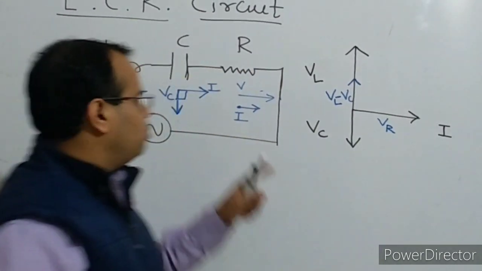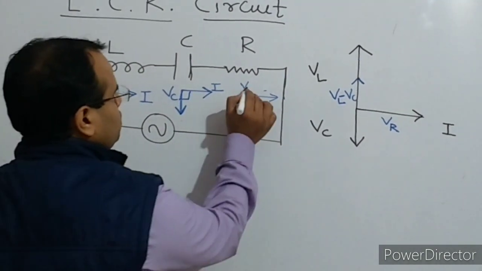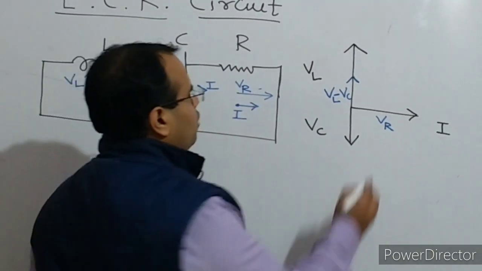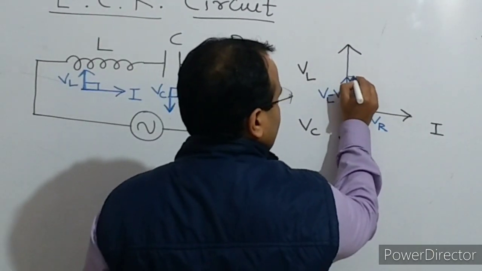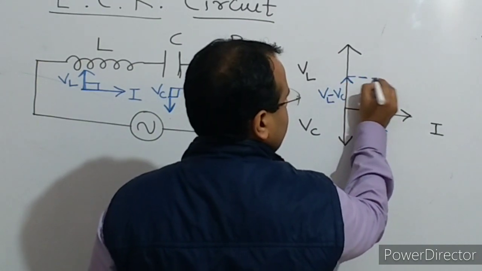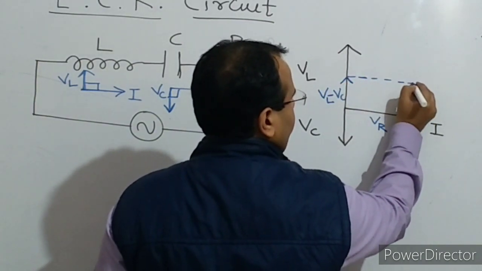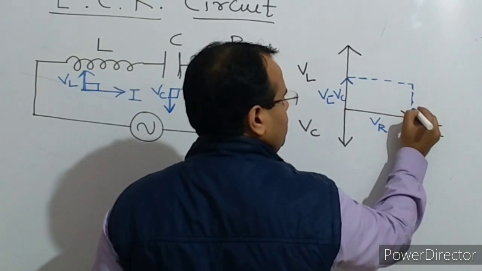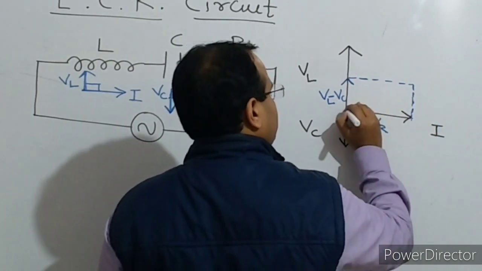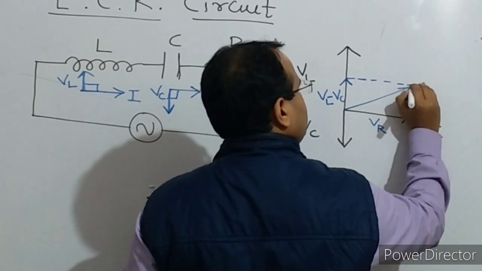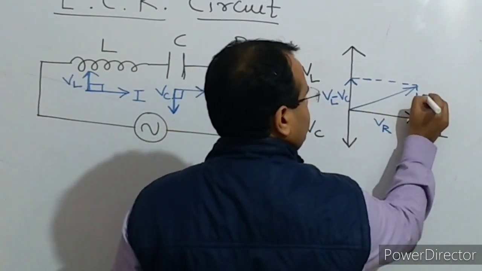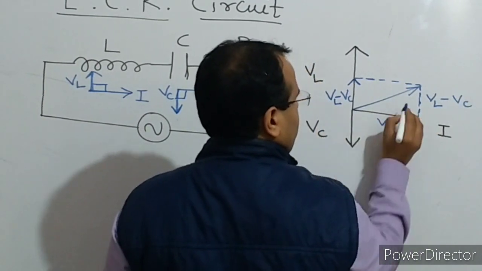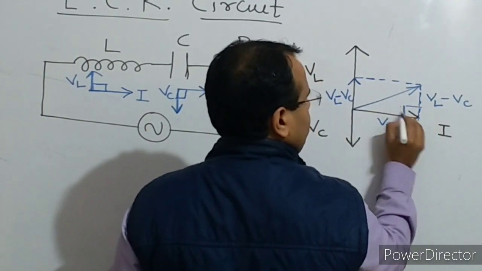As I told you, the voltage across the resistor and the current are in the same phase. Now we can complete this and find the resultant of these two. This is VL minus VC, this is VR, and this angle is 90 degrees.